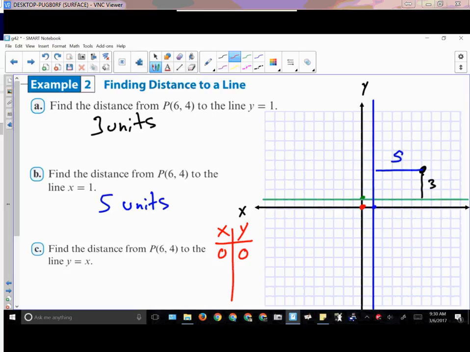What would be another point that I could choose? 1, and what would I get? 1. So that means that I got a point here. And let's see, what would be another point that I could choose? 2 and 2. We got that there. So it looks as though I will have a diagonal line here.